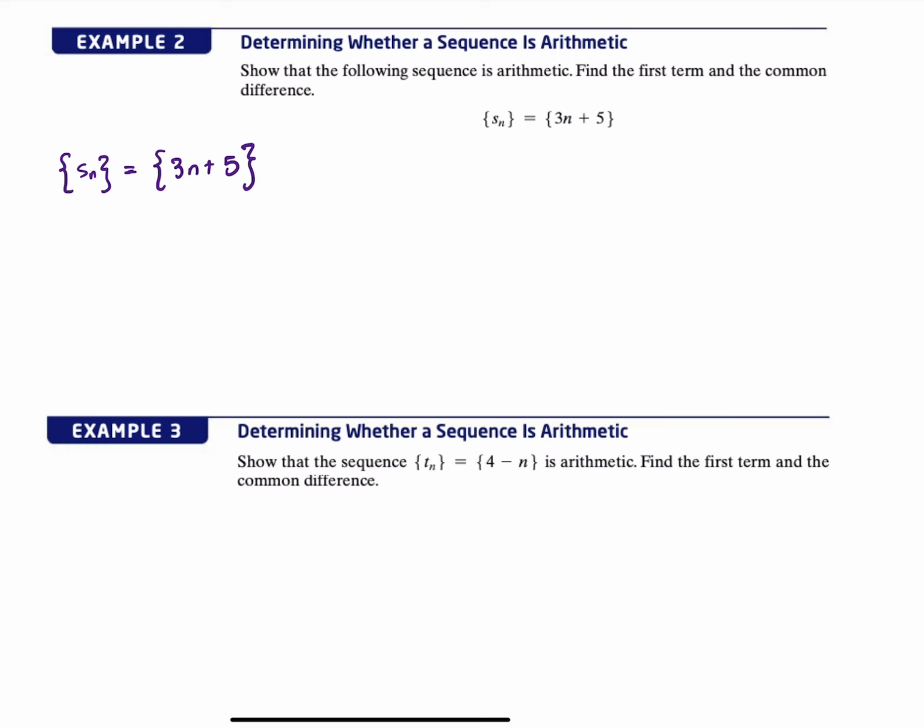If we want to find the common difference, we can think generally to take s sub n and subtract s sub n minus 1. We know s sub n is 3n plus 5. For s sub n minus 1, we would just plug in n minus 1 for n, so 3 times n minus 1 plus 5. Let's subtract these and see if we get just some constant number. That would tell us that our sequence is arithmetic: the difference between two consecutive terms is a constant.